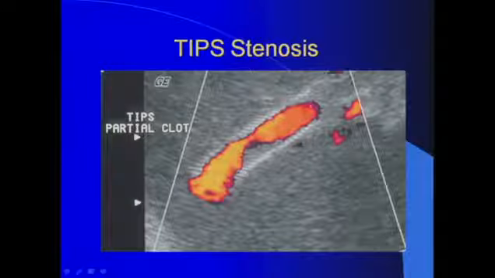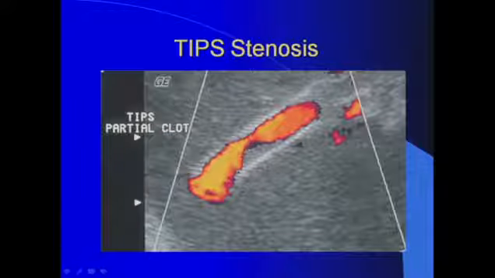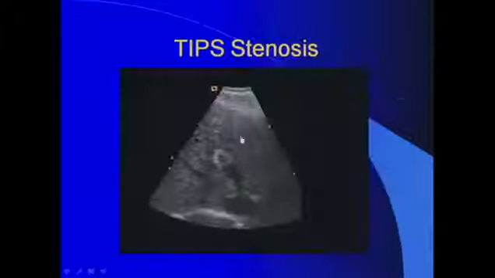As I said earlier, you can use power Doppler in the evaluation of the stent, and this is a very nice example of a tight stenosis in the mid-stent, secondary to a peripheral clot that's creeping to the mid of the stent and resulting in malfunctioning of the stent.